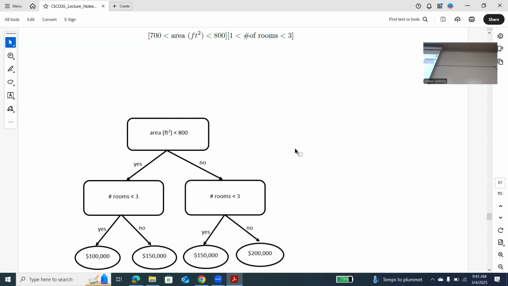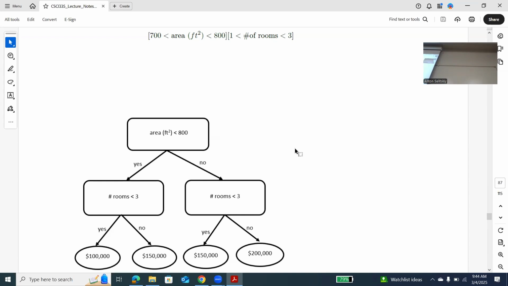If it's greater, then we go to another branch. And then we have another decision rule, the number of rooms. For example, if the number of rooms is smaller than 3, then the price will be 100. If it's greater, 150. And for apartment with greater area, if the number of rooms is smaller than 3, of course, the numbers are made up, it will be 150. If the number of rooms is greater than 3, it will be 200.